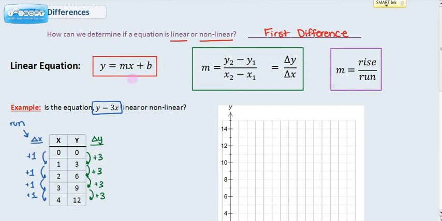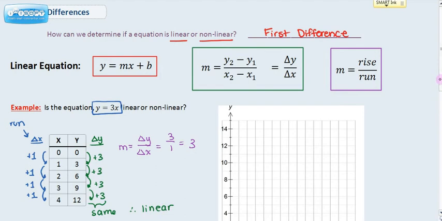And so you can see that my slope would be equal to 3 over 1, which is 3. And because this slope is the same for each of these points, therefore I would hypothesize that this equation does indeed tell me a linear equation.